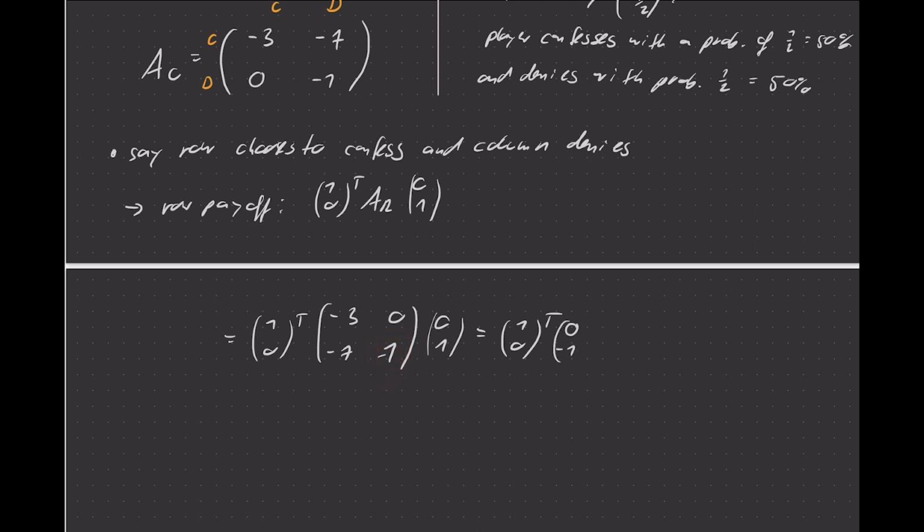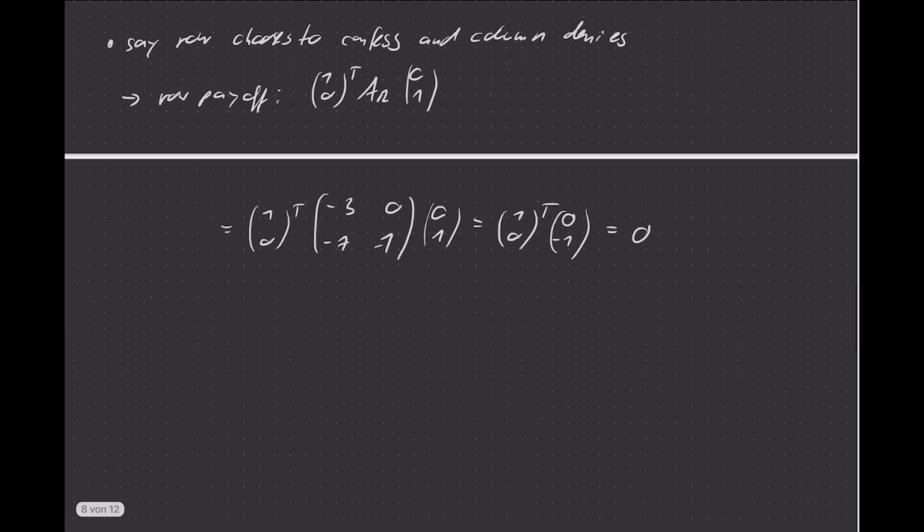That's a -1. And multiplying those two, I get 1 times 0 plus 0 times -1. So the expected payoff is 0. In this strategy combination, the Row player walks freely. And of course, that is exactly what we defined in the rules of the game. That should not be a surprise.